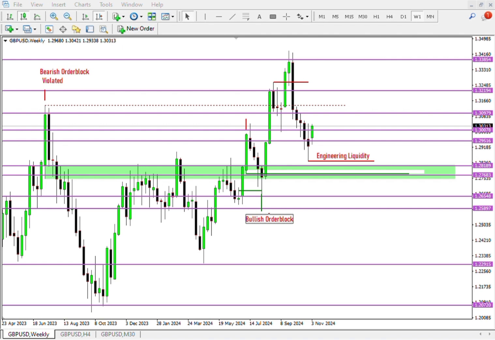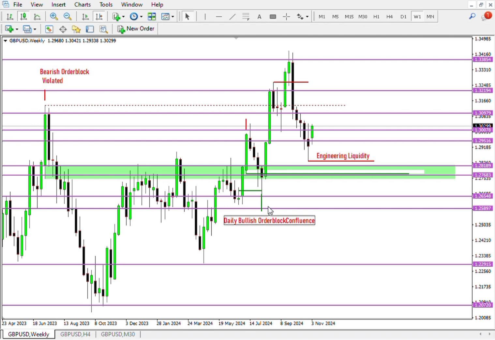That bullish order block that I'm highlighting there is a bullish order block that is confluencing on the daily. So what I'm seeing as a confluence is that violated bearish order block, which is a true mitigation block, and that true mitigation block was basically printed on two key levels.